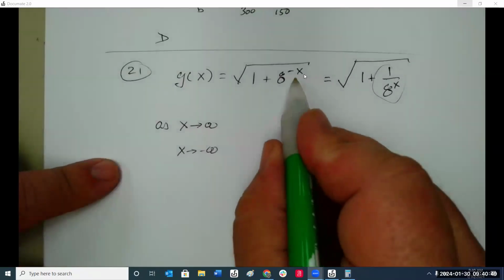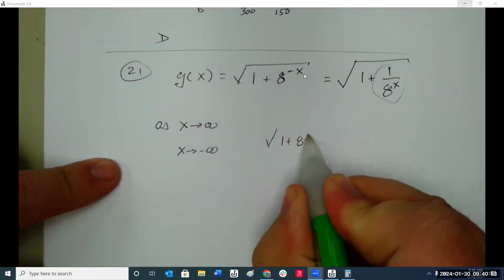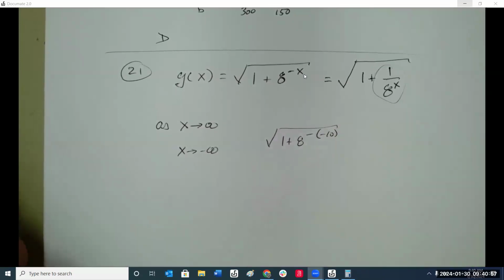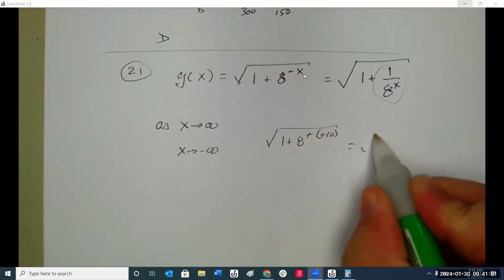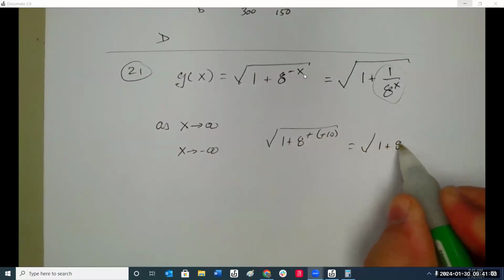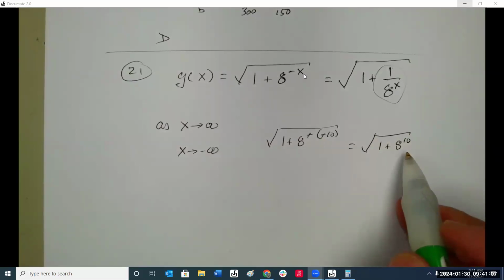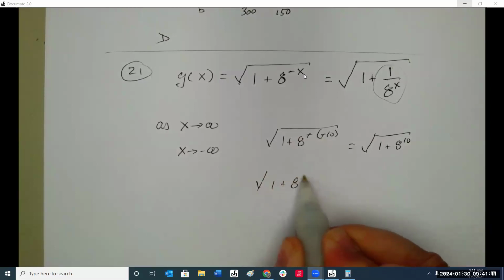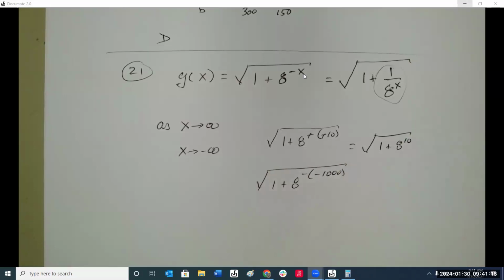Because if x was a negative number, for example, 1 plus 8 to the negative of negative 10, those cancel. So we have 1 plus 8 to the 10th. 8 to the 10th is pretty big, isn't it? What if I had 1 plus 8 to the negative 1000?